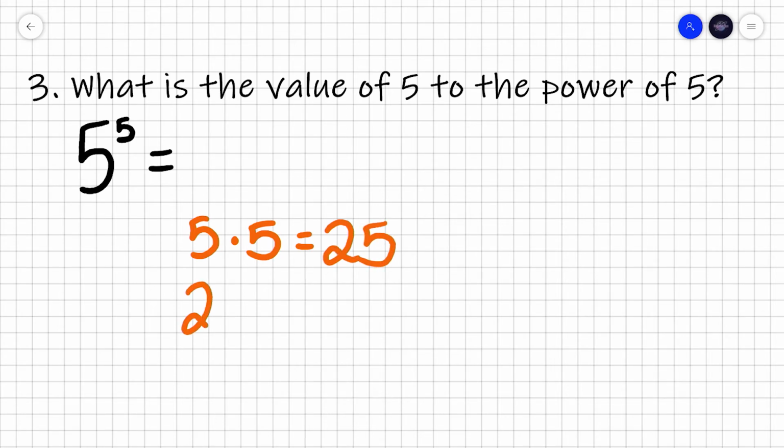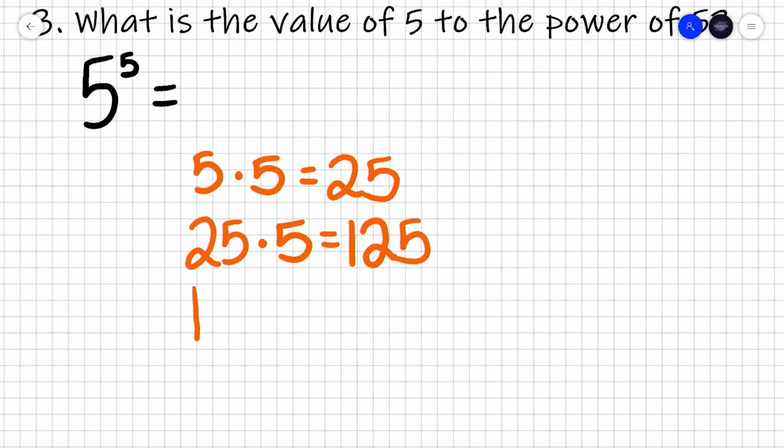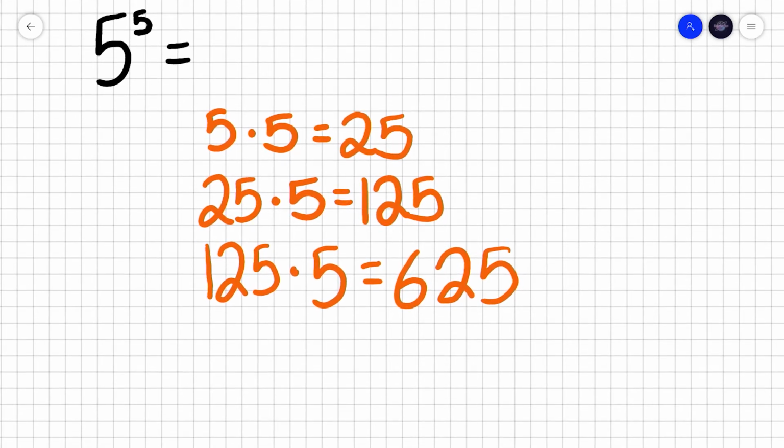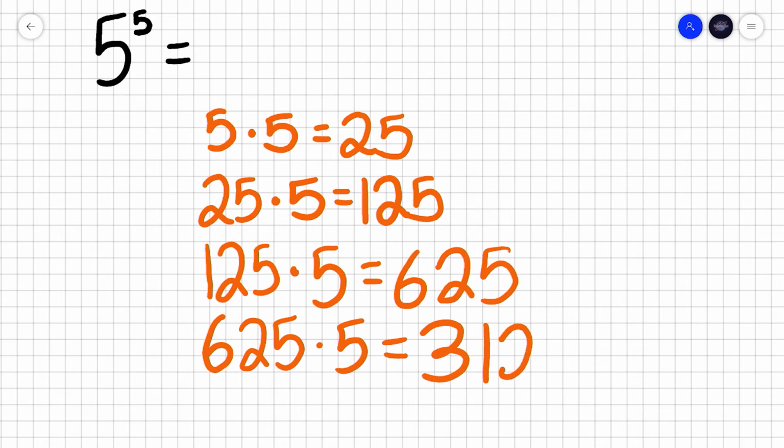And then you can do 25 times 5, which is 125. And then 125 times another 5, which is 625. And then finally, you can do 625 times 5, which is 3,125.